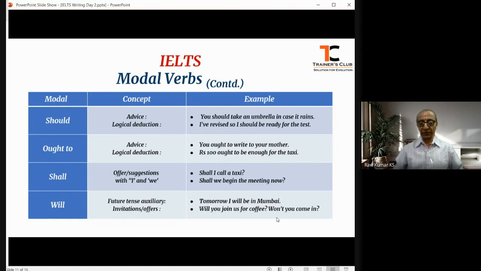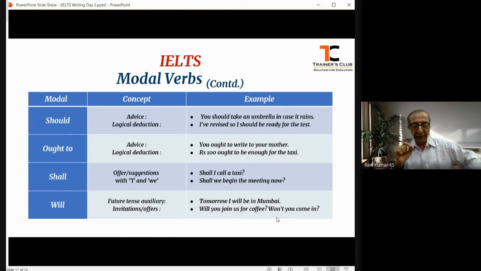Then comes shall and will. Very important. Be attentive here. Shall is used as a helping verb or a supportive verb in the future tense when the sentence is made with the first person as the subject, that is I and we.